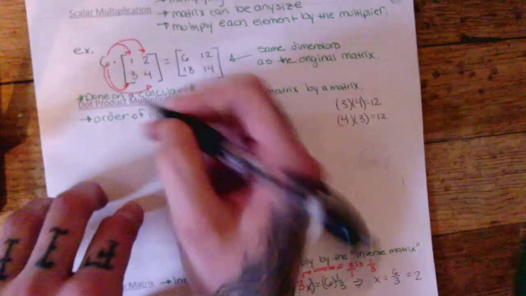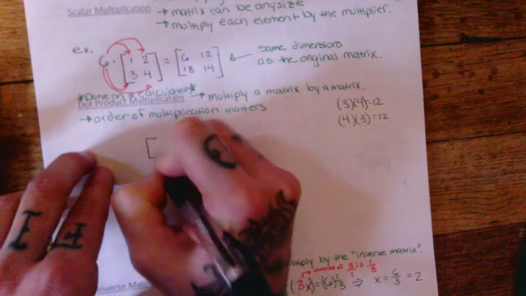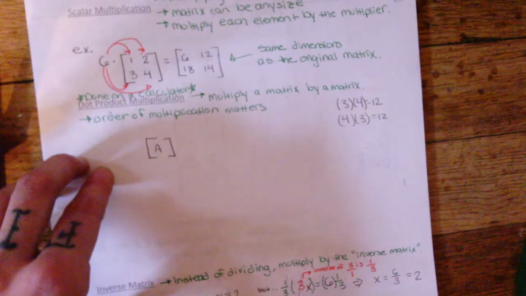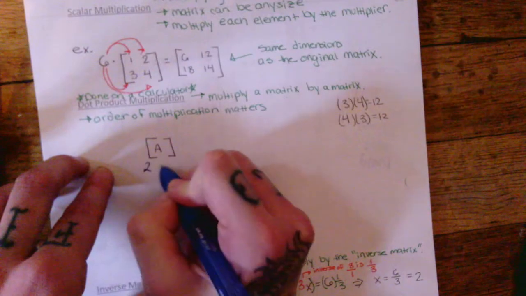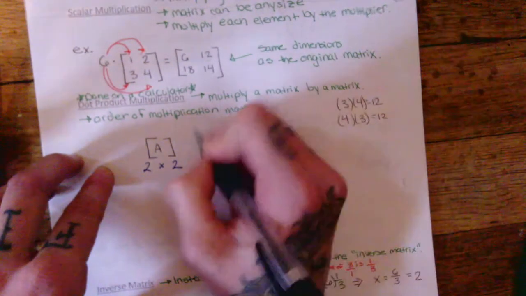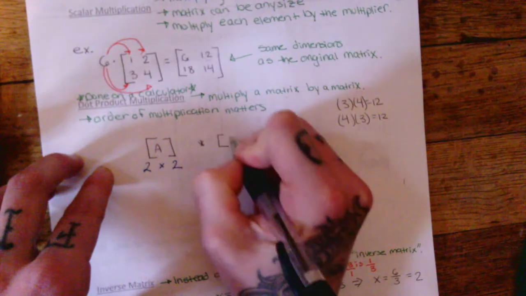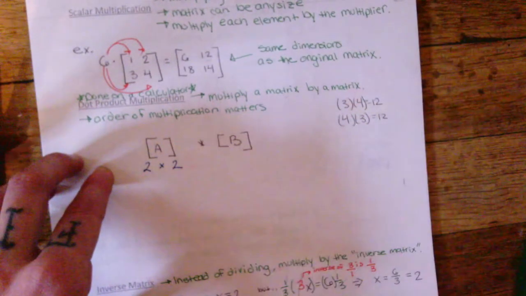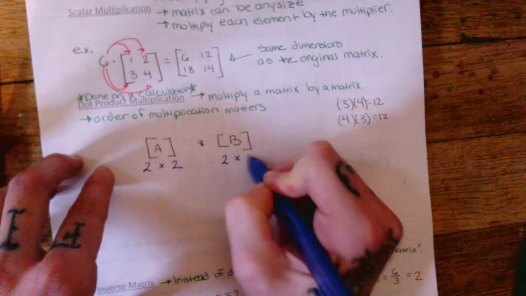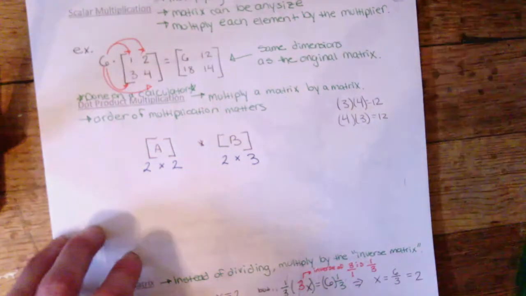So let's say I have matrix A. And we're going to say that matrix A has dimensions of 2 rows by 2 columns. And we're going to multiply this matrix by matrix B. But matrix B has dimensions of 2 rows by 3 columns.